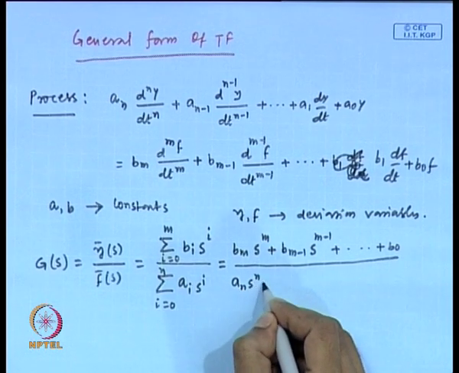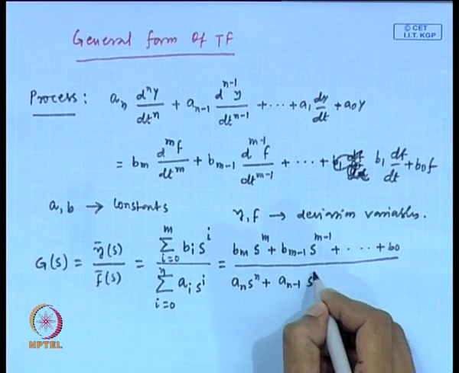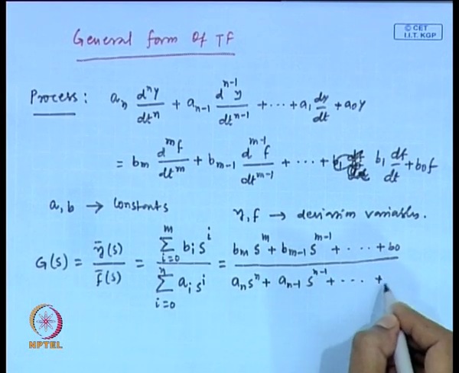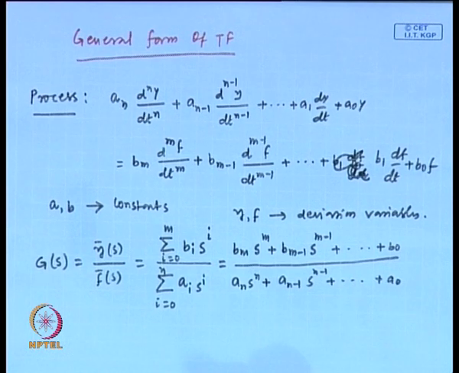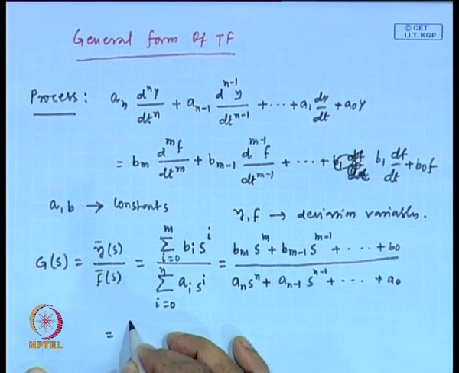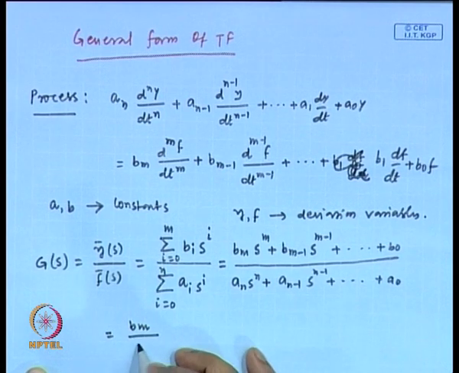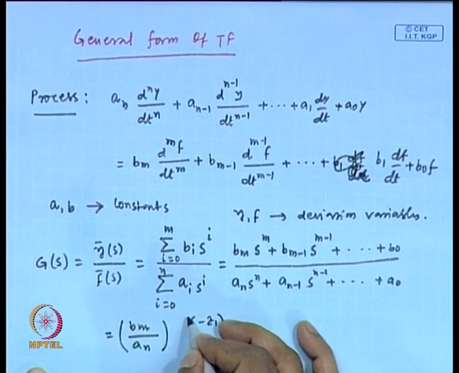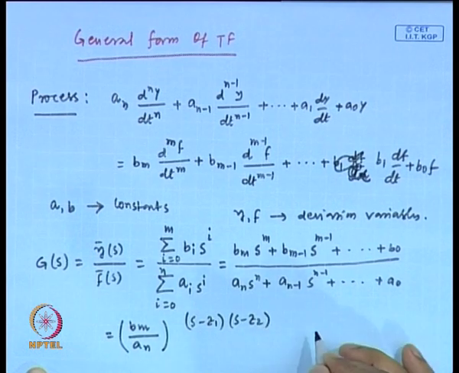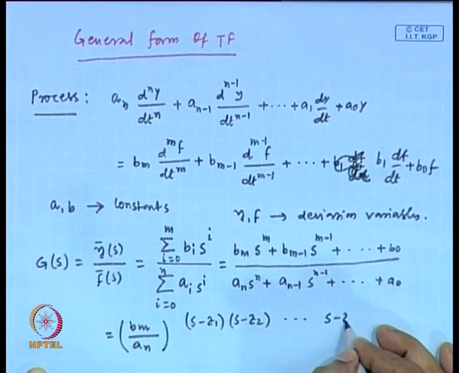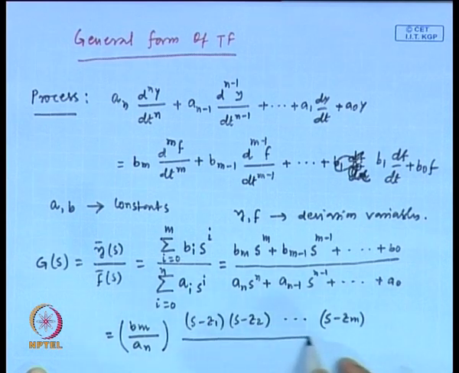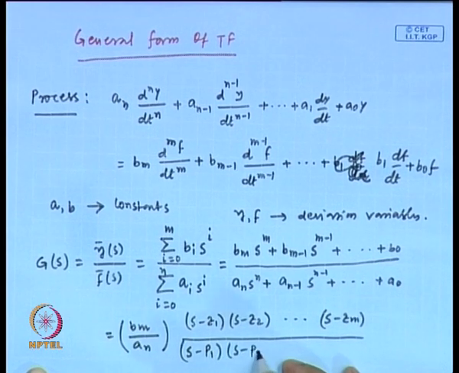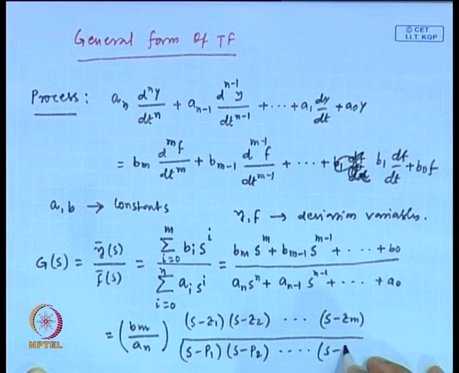a_n s to the power n, a_{n-1} s to the power n minus 1, last term is a_0. Now, if we take b_m divided by a_n common, we get (s minus z_1)(s minus z_2)...(s minus z_m) whole divided by (s minus p_1)(s minus p_2)...(s minus p_n).